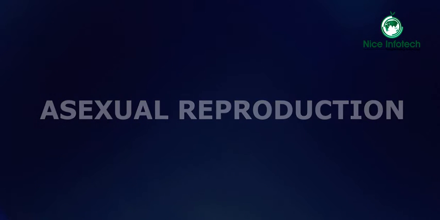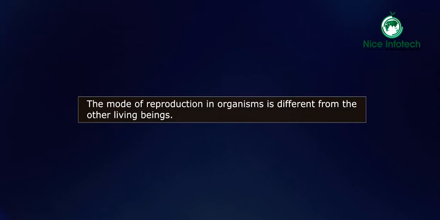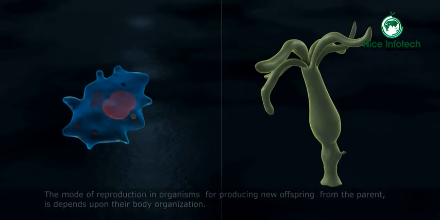Asexual reproduction. To learn how organisms reproduce, first we need to understand the mode of reproduction in different organisms. The mode of reproduction in organisms is different from other living beings.